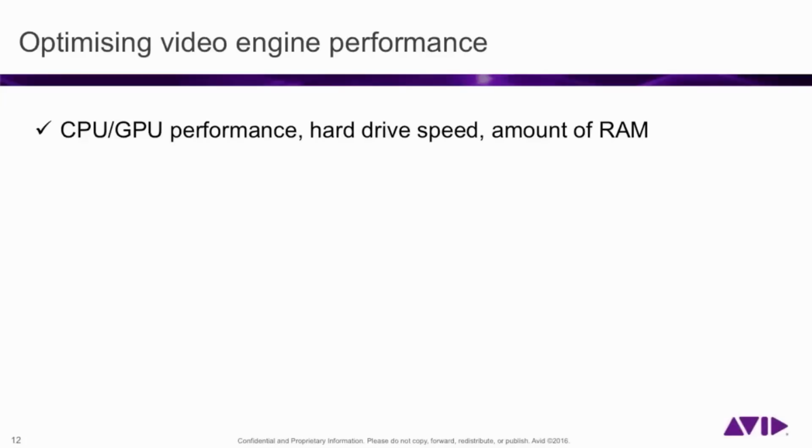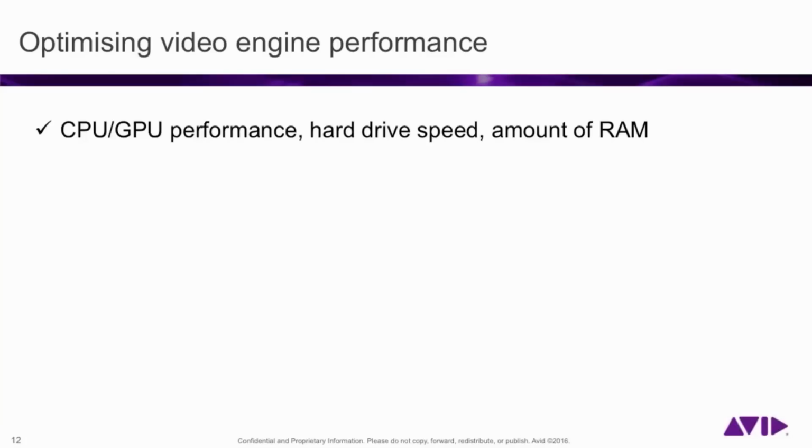Hard drive speed is very relevant, because unlike with audio, video is not part of the disk cache, which we have at least when we have a Pro Tools HD system. So it is always played back directly from the hard drive, and therefore we want to guarantee that there is a decent speed.